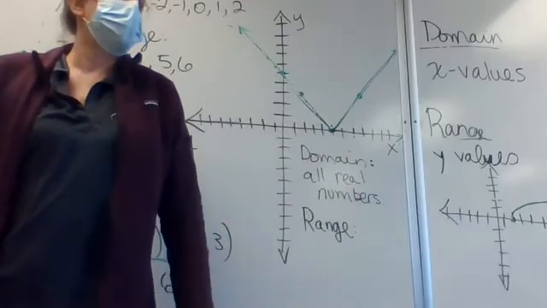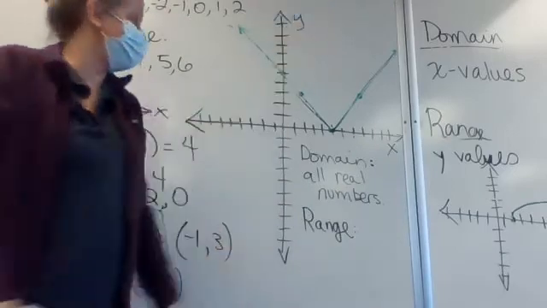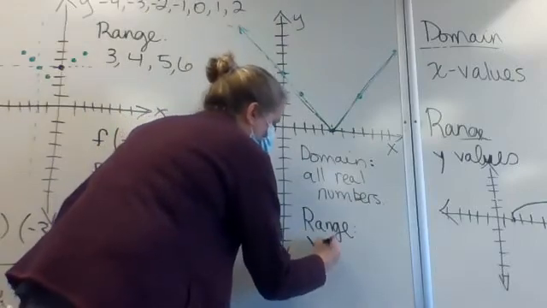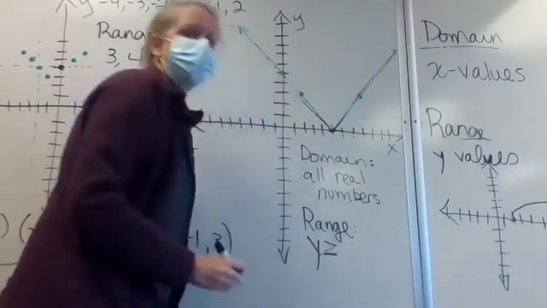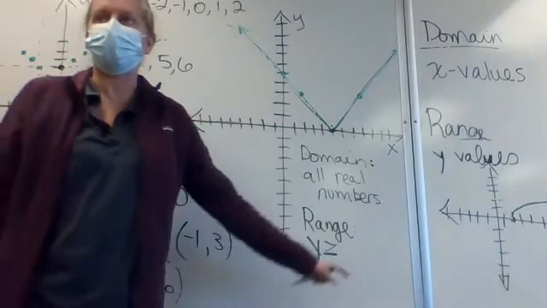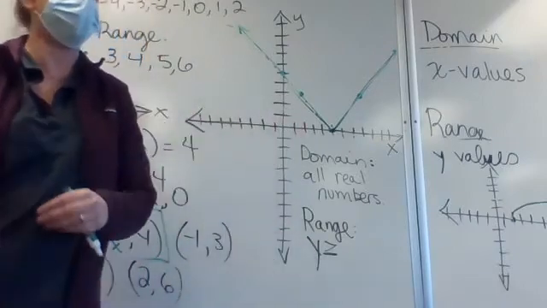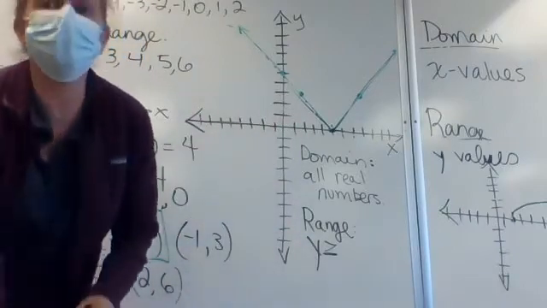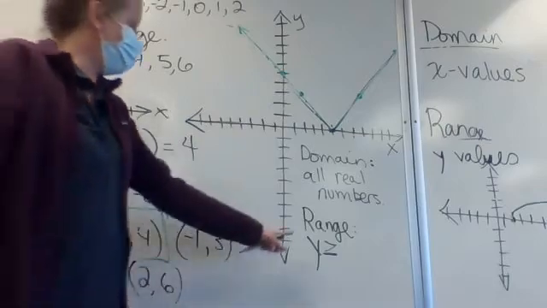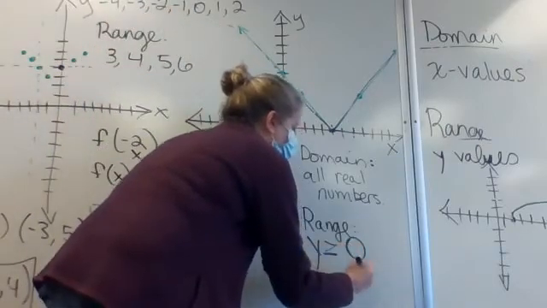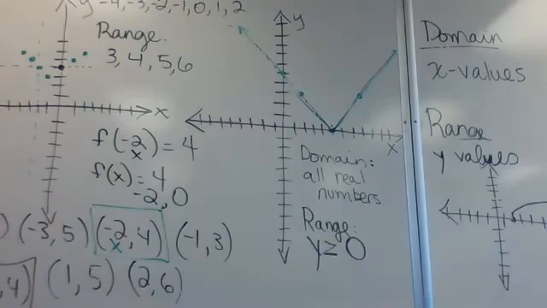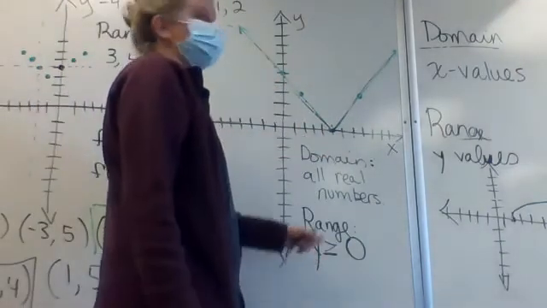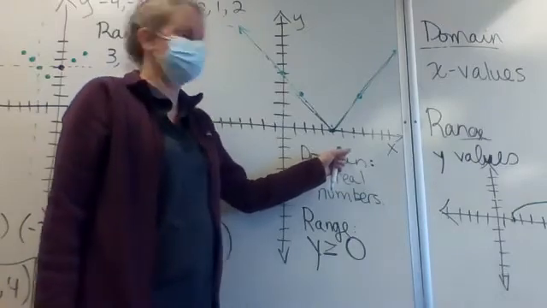Never. So just like what you were saying, your y values are only greater than or equal to, that's what that symbol means. It has the equal to bar, because it does touch the 0, just doesn't go below it. So your y values are greater than or equal to 0. That's what your range would be. You don't ever have a point where y is -1, because that would be down here.